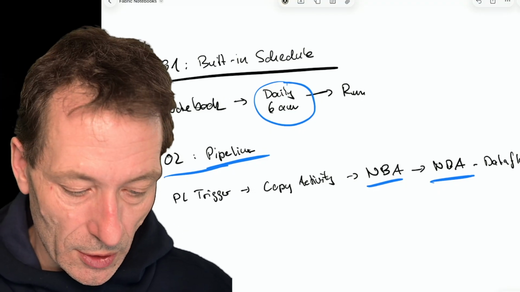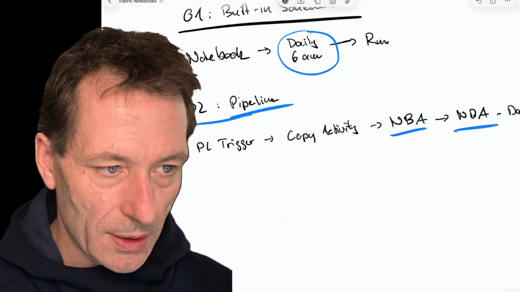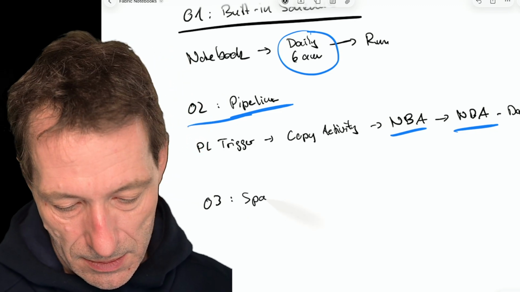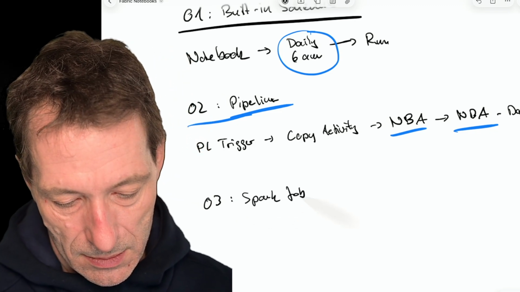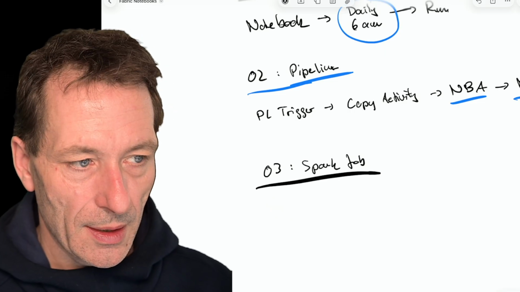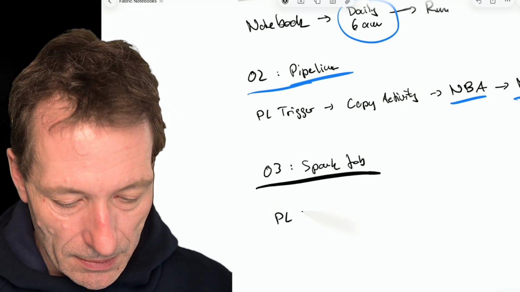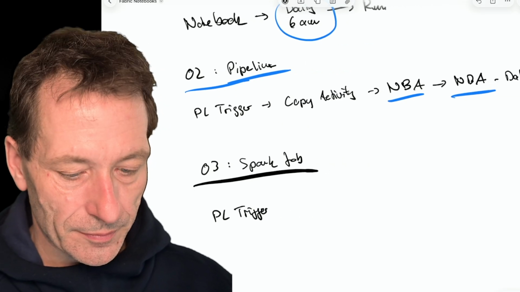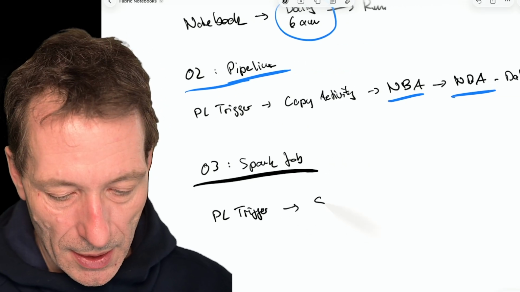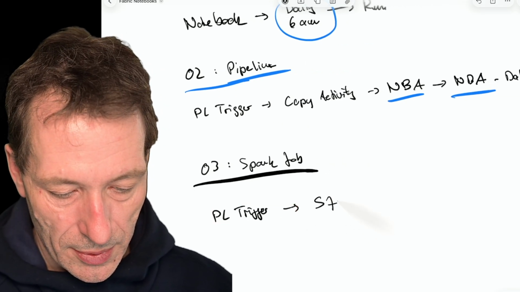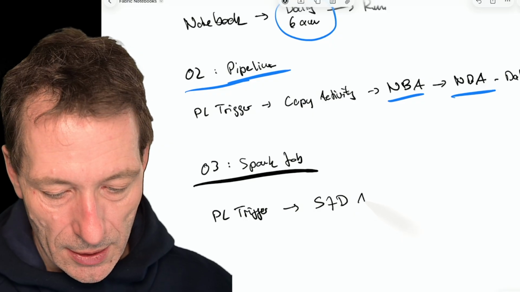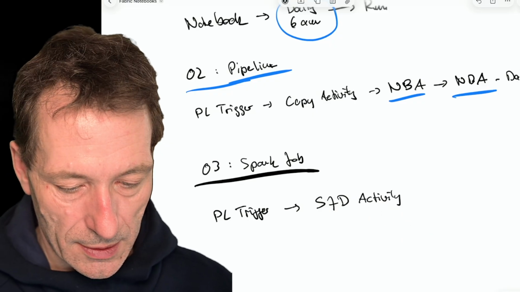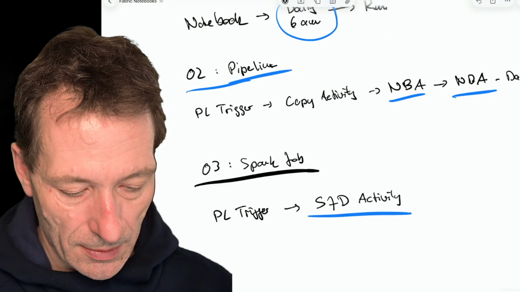But you have a third option. Option 3, Spark job. So in option 3, you have again the pipeline trigger. Then you have the Spark job definition activity in the pipeline. So this is your job here, right? There we go.